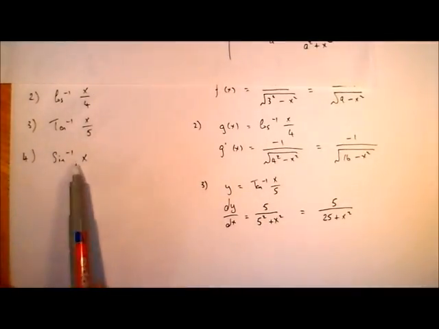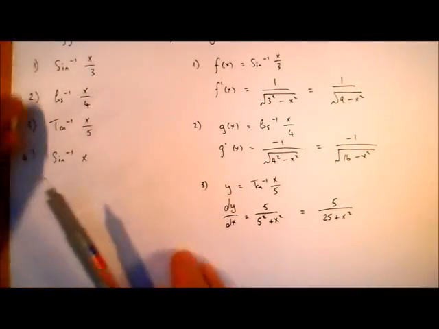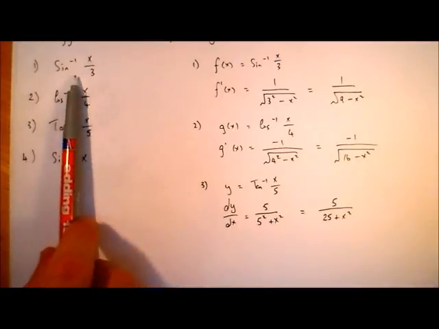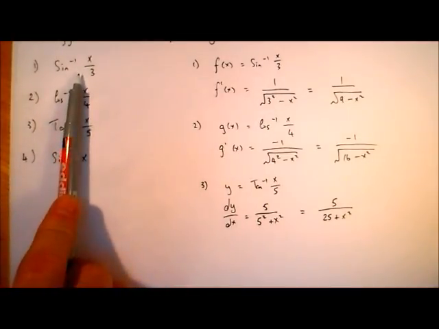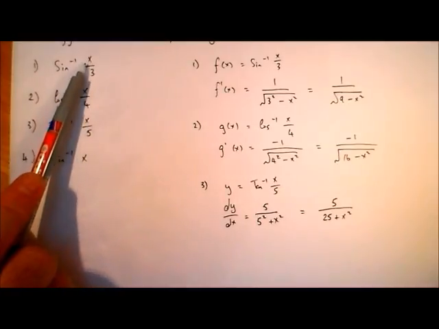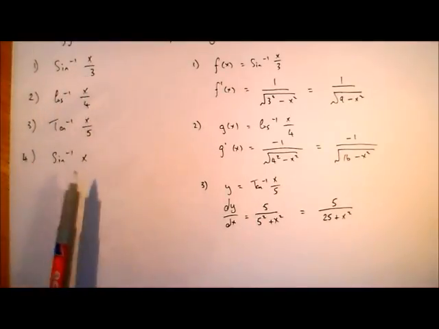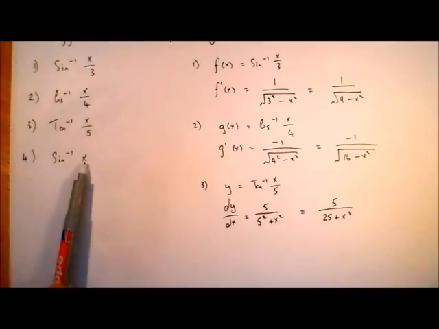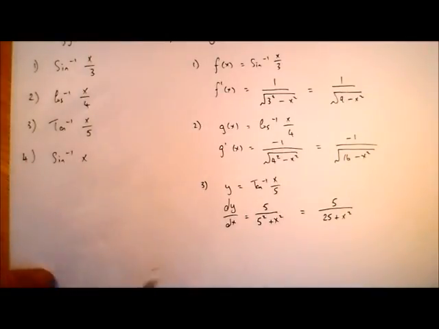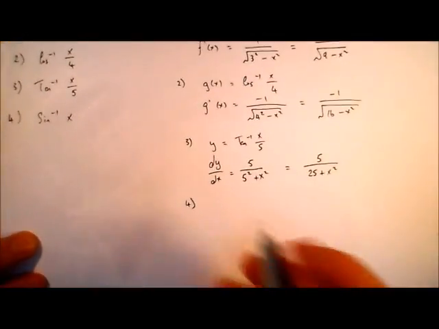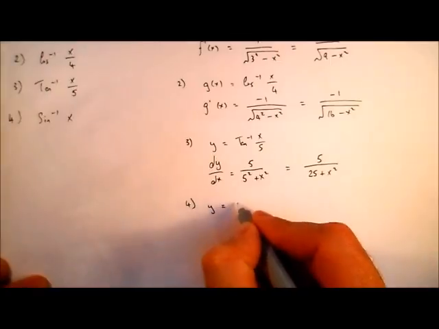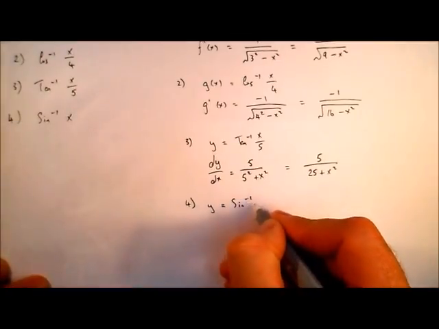And then the last one, we have to differentiate sine inverse x. This one looks a little bit different to the previous sine inverse function that we differentiated up here. In that one we had x over 3, here we just have x. But this x, I can rewrite as x over 1. You can always put anything over 1. So let's say y is equal to sine inverse x.